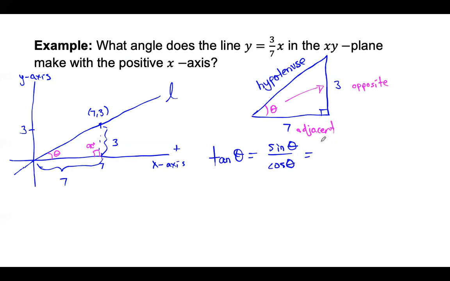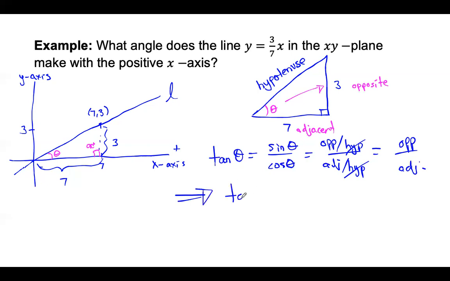We know sine is opposite over the hypotenuse, and cos is adjacent over the hypotenuse. These cancel, and we get opposite over adjacent. So this implies tan of theta is equal to opposite 3 divided by adjacent 7.